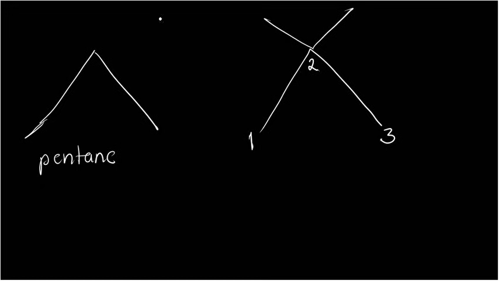Now, what are the branches that we have? This part here, if you look at this part, this is also a branch. And this part here, this is also the branch. So we have the branch, we have the branch. What is the name of these branches? The names of these branches are methyls. Since they are methyls, they are on carbon number what?